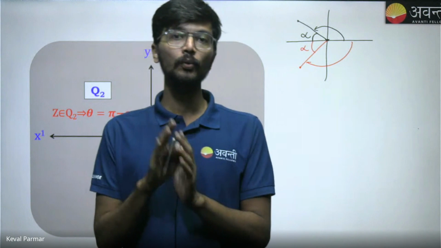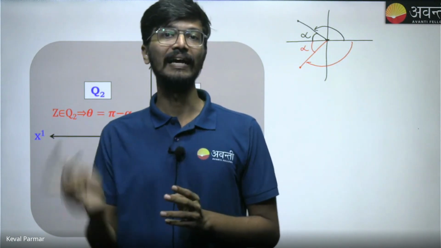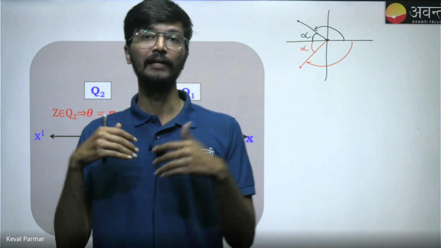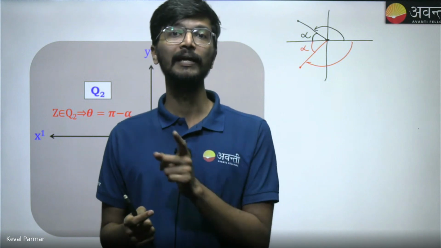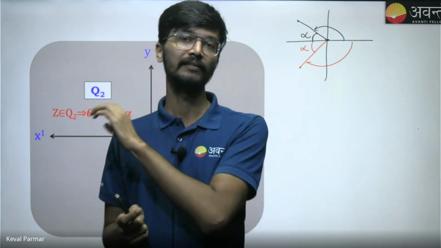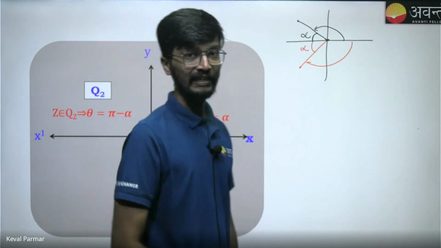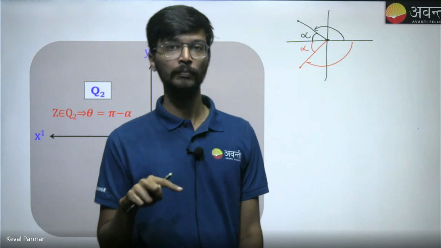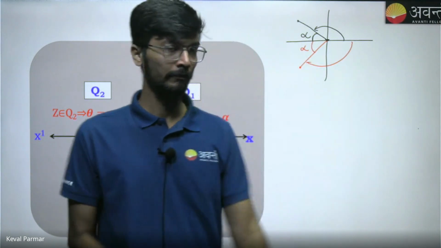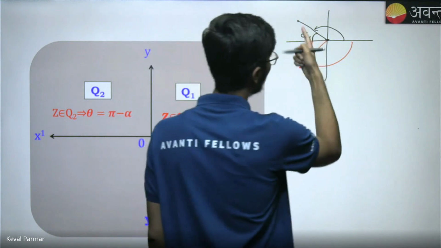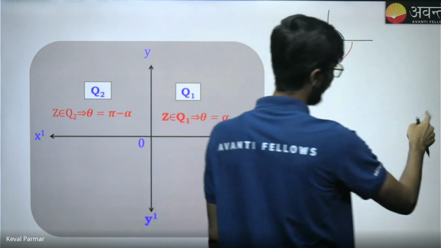Alpha is the acute angle made by the line segment OP with the x-axis, right? And what is theta? Theta is the argument of z, which is the angle made by the line segment with the positive x-axis, which should lie between minus pi to pi. I hope I am very clear about this, guys. Please don't get confused between both, because I have introduced alpha only for this, correct? So yeah, in this case, if P is in the second quadrant, then you can see this total angle is pi.